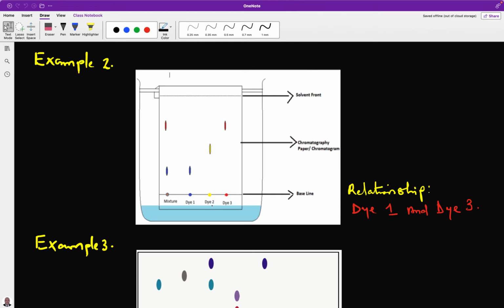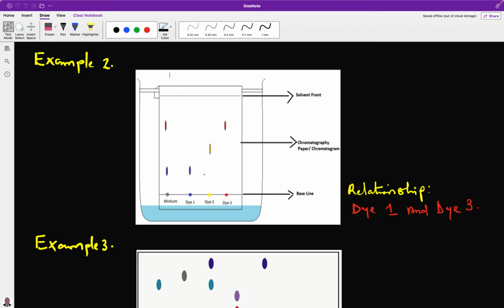Dye 2 has only one color in it, and that color is not present in the mixture, so dye 2 has no relation with the mixture. Dye 3 has only one color in it, and that color is also present in the mixture.